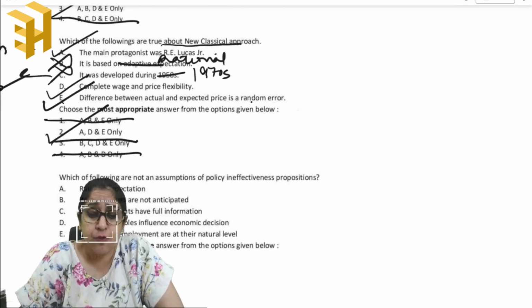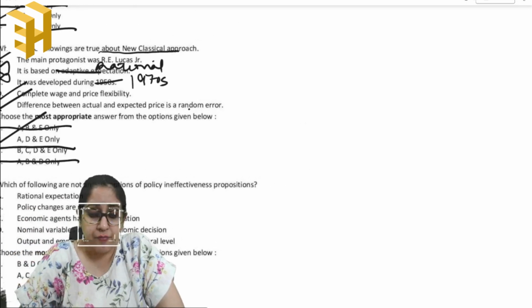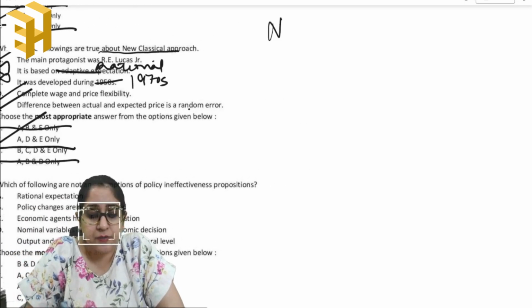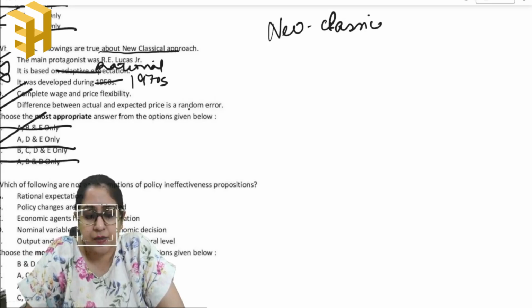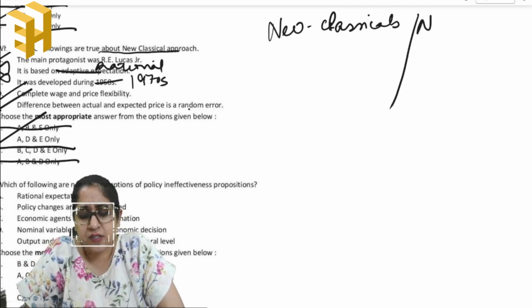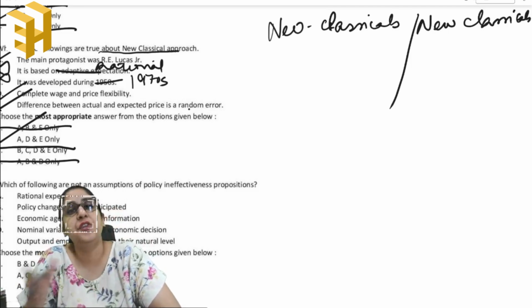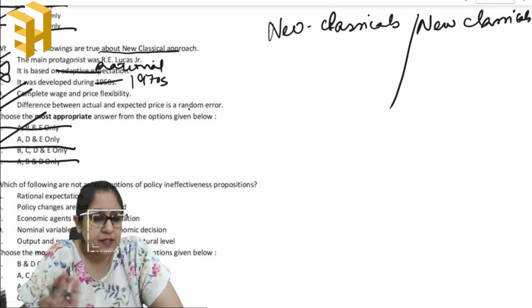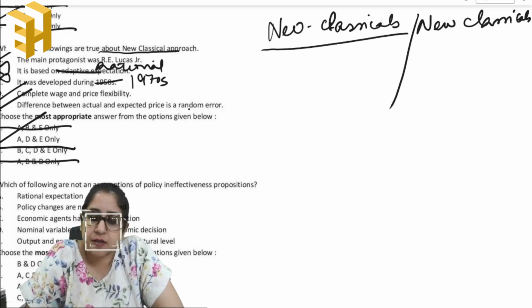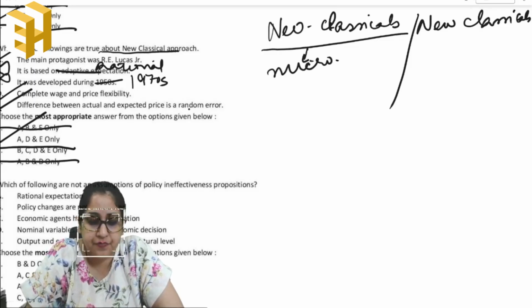But before we move forward, I just want to make clear the difference between neoclassicals and new classicals. This is a common confusion among students: what is the difference between neo and new? First, neoclassicals emphasized microeconomic behavior.